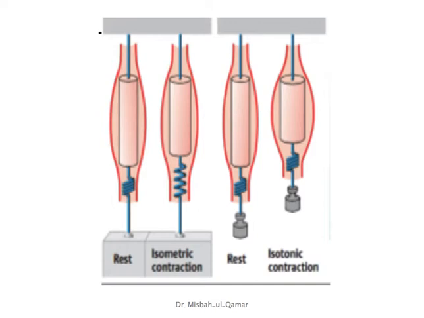I repeat, there is no decrease in the muscle length in isometric contractions, but the muscle tension increases. Although keep in mind that true isometric contractions cannot be generated in the intact body.